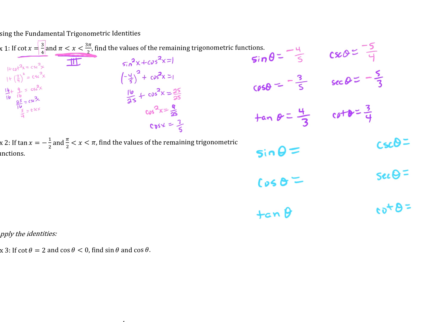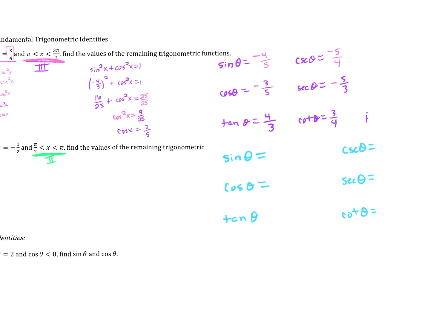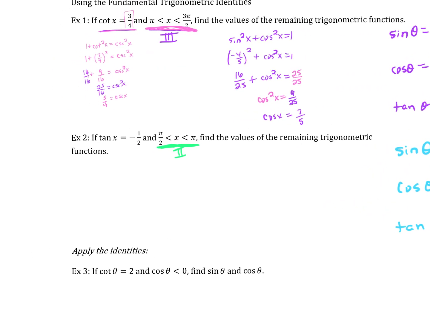We are from pi over 2 to pi. So what quadrant is that? Careful, pi over 2 to pi, yeah, so we're in quadrant 2, good. So in quadrant 2, we know sine and its reciprocal are positive. That means those are negative. So I'm setting my signs already, just so I don't even have to think about that later.